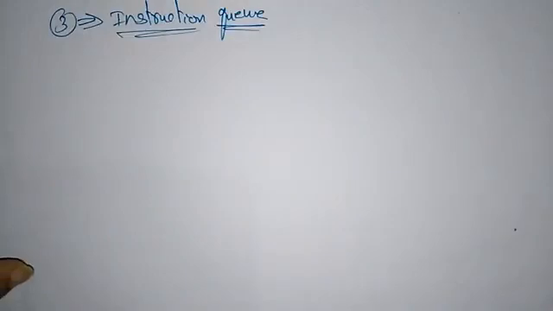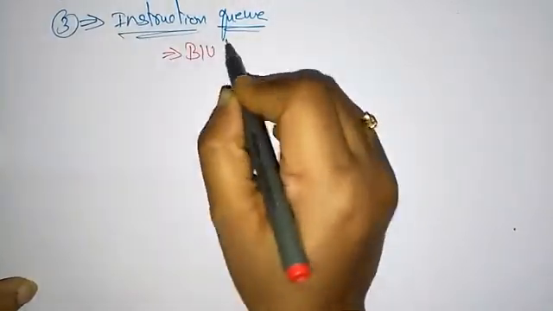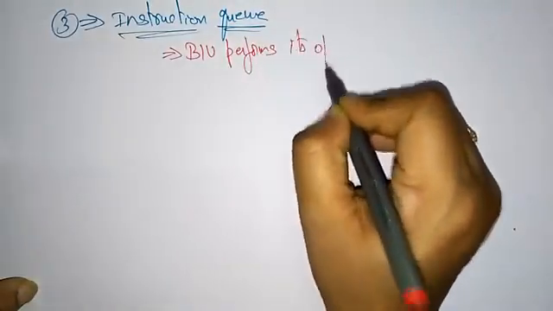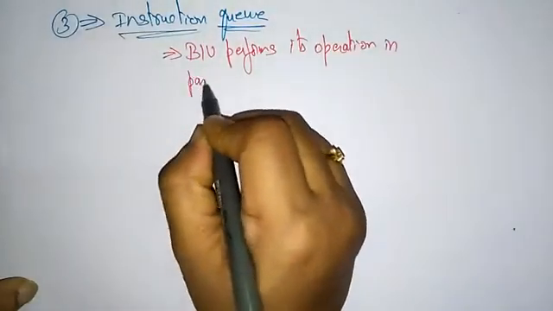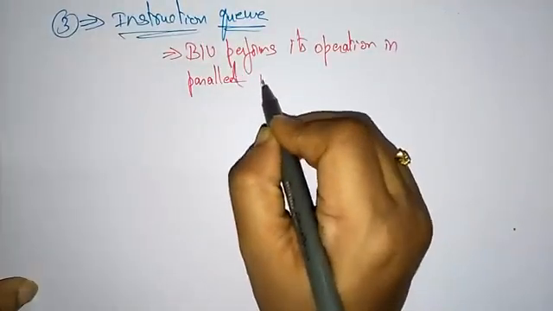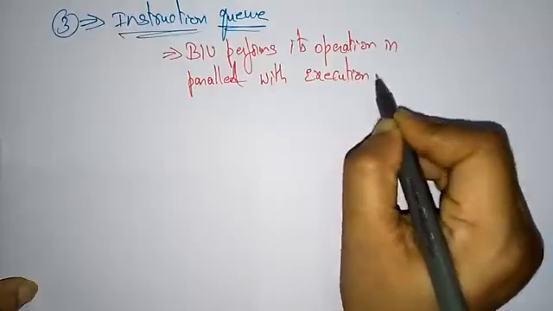What is the role of the instruction queue? Here the bus interface unit performs its operations in parallel with the execution unit.